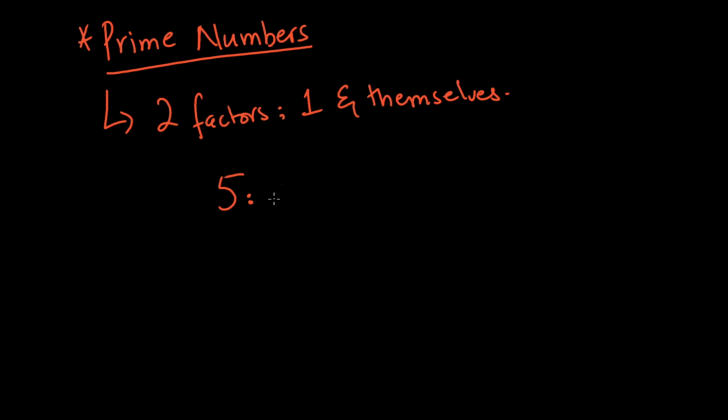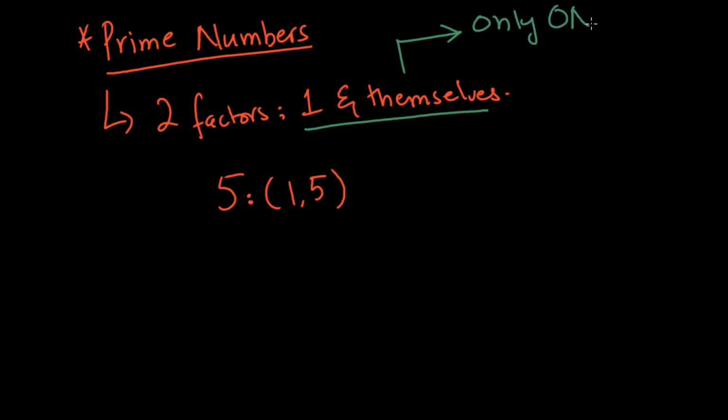If you list down the factor pairs of 5, you'll see that it only has one pair. That's going to be 1 and 5. So let me write down the alternative to this, which would be that prime numbers basically have only one factor pair.